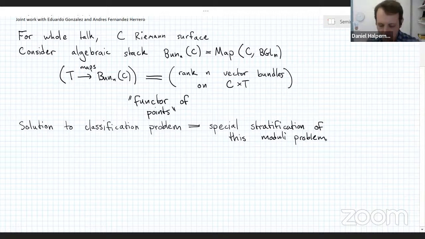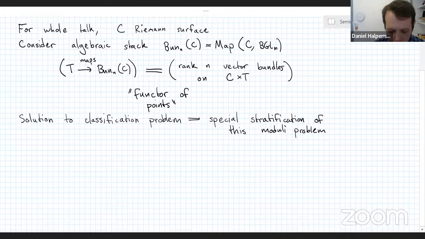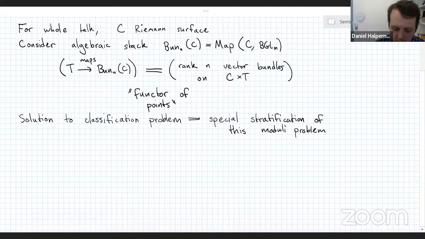For me, a moduli problem is synonymous with algebraic stack, and I just want to recall what that is and explain a little bit.